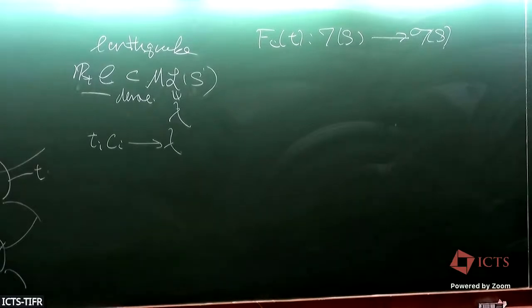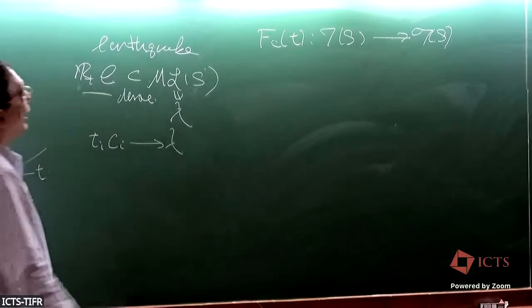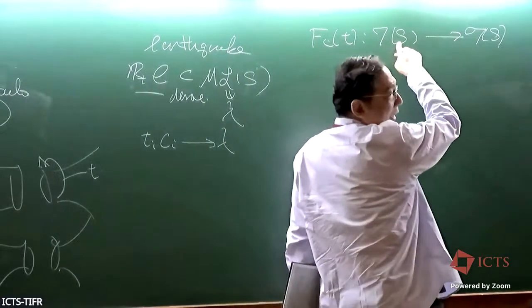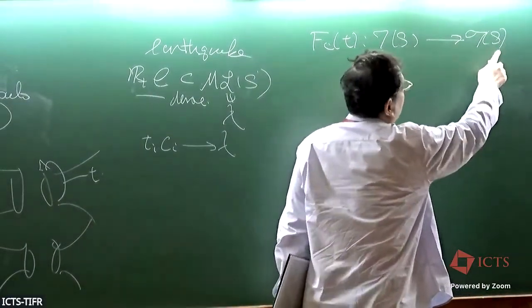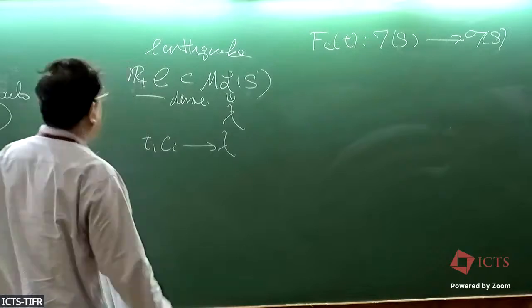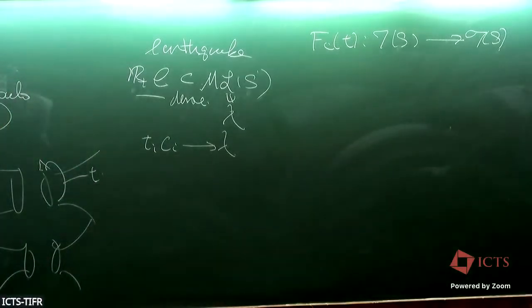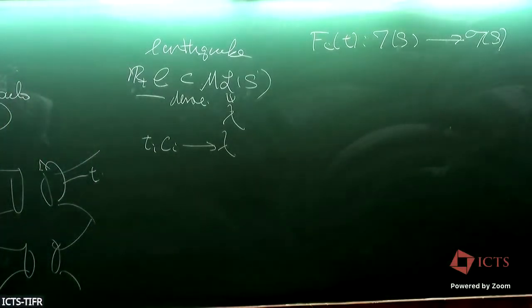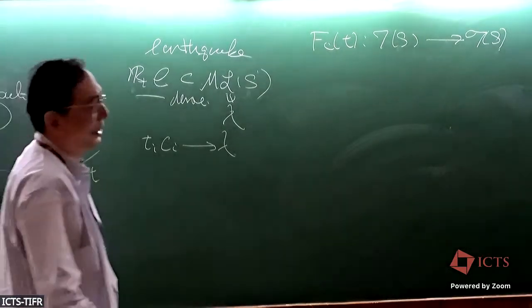That operation gives a new hyperbolic structure, so that we have a map from the Teichmüller space to Teichmüller space by taking the hyperbolic structure to the one obtained by the Fenchel-Nielsen twist along C of time t.